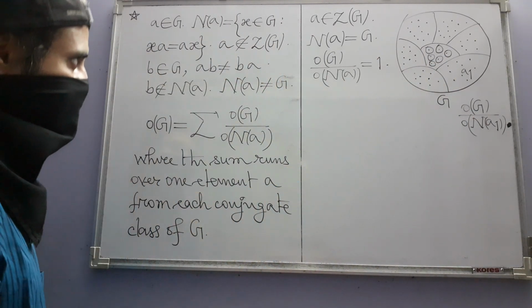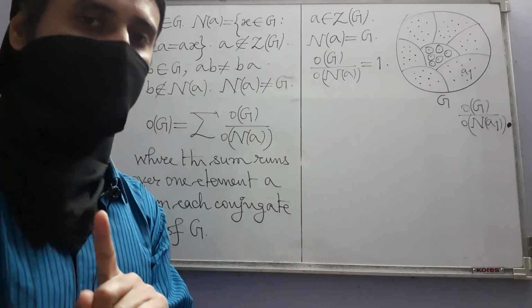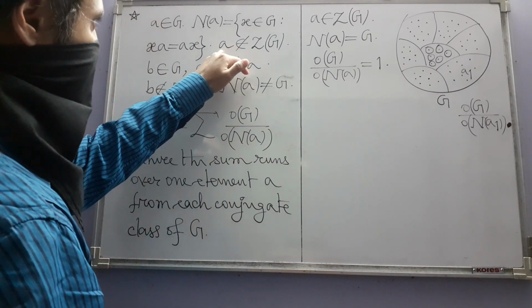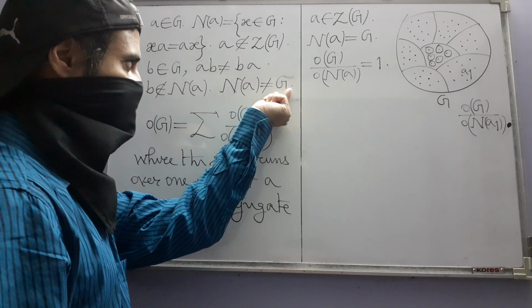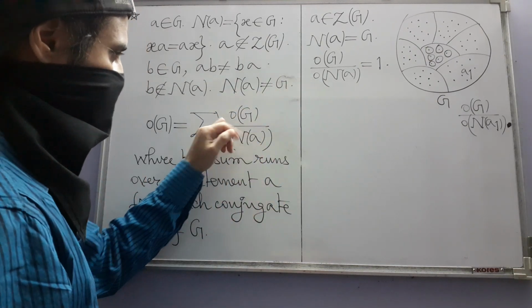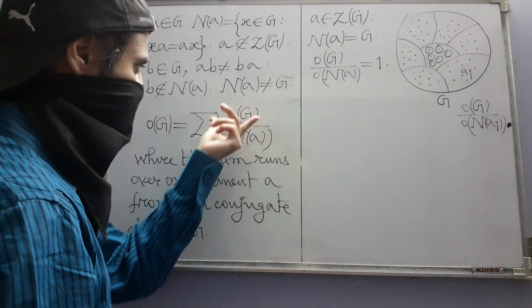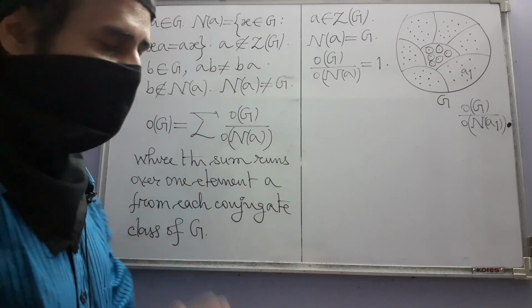So that means in this equation, some terms are going to be equal to 1, whereas for a non-central element, because this NA is not equal to G, this will not be 1, it will be greater than 1 because the numerator is more than the denominator for such non-central A's.